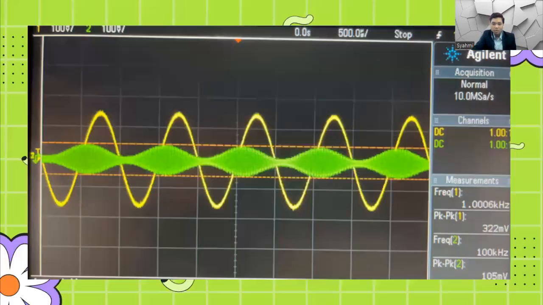Then we can compare with the DSB-SC modulation. As we can see here, DSB-SC modulation has significantly lower output amplitude than SSB modulation.